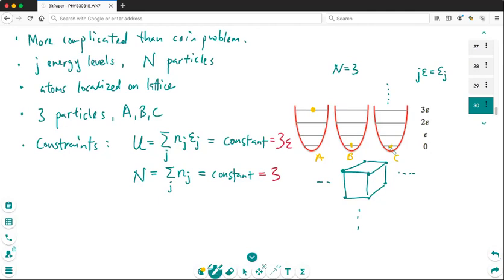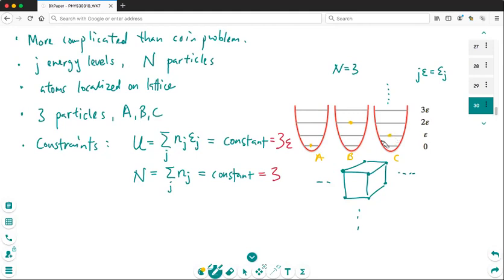And how do you express this mathematically? I will let you think about this. I can also have another microstate. This is one possibility because I respect this constraint. And you can see there are other ways to do things. For example, A is this, B is this, C is this.